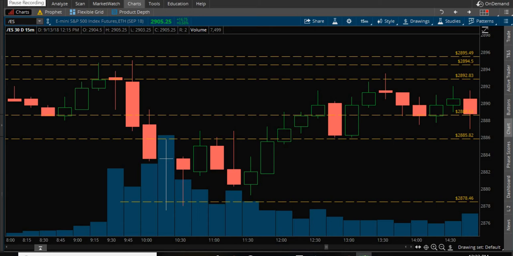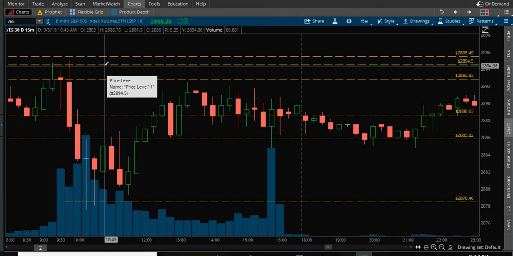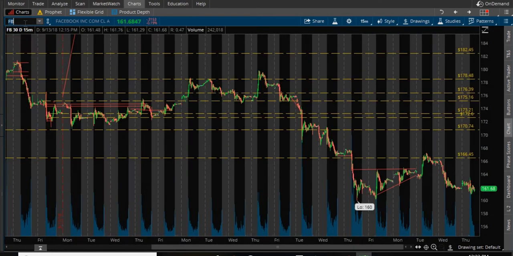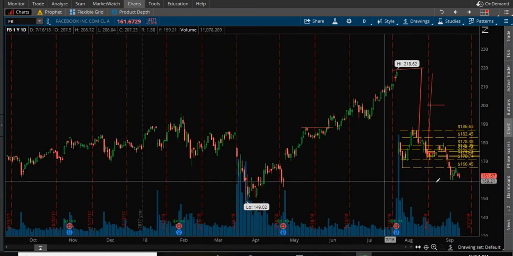Support and resistance is something you'll have to practice in plotting. I like to plot it on my 15 minutes on the ES and VX, and in the individual stocks I like plotting the support and resistance lines on the daily charts.